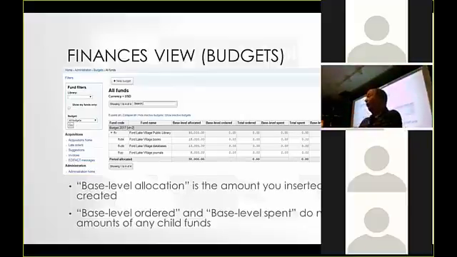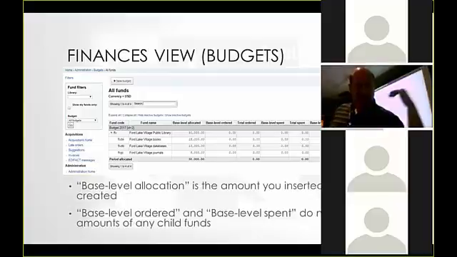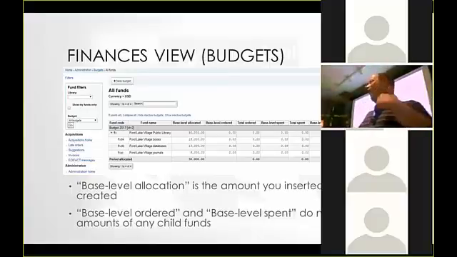For me, because of the way I've got my budget set up and don't let anybody place orders at that top level, you will only see a base level allocation, but you will never see base level ordered or base level available or base level spent because you cannot select that. Total ordered and total spent add up, as we'll see in just a little bit.